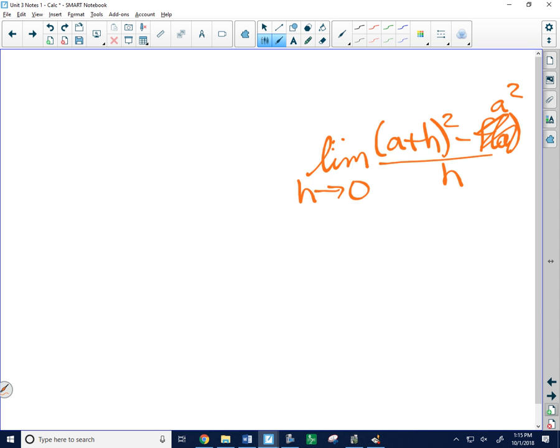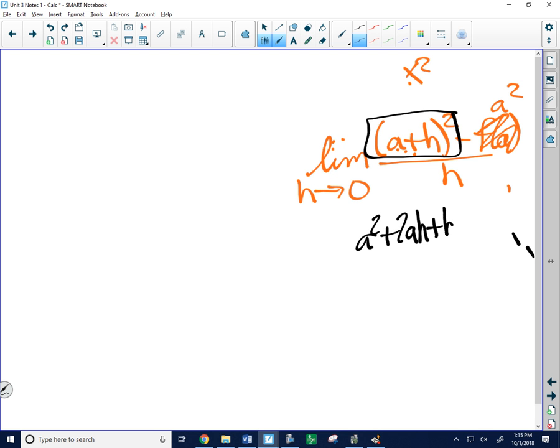So when I put a plus h in there, it's that, minus, when I put an a, it's this. This one, when I FOIL, will become this. I'm skipping a step or two, I know.